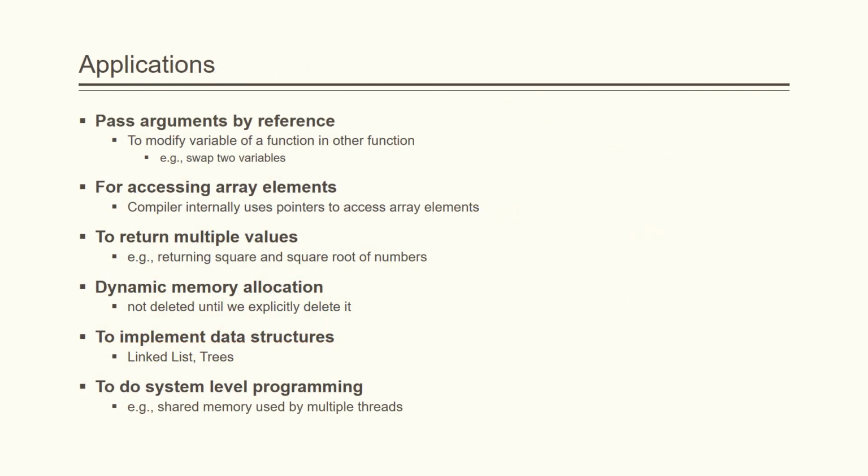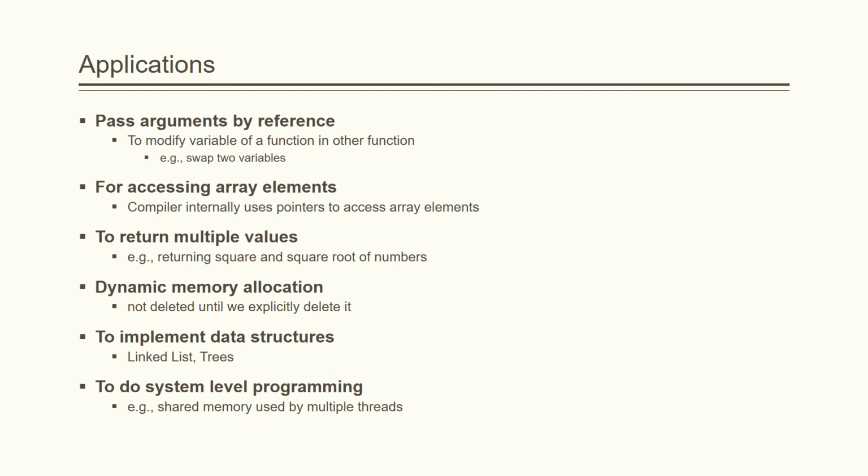Let's talk about some of the applications of pointers. Pointers are very useful for passing arguments by reference. For example, to modify a variable of a function in another function, and a famous example is swapping of two variables. Also, it is useful for accessing array elements because the compiler internally uses pointers to access array elements.